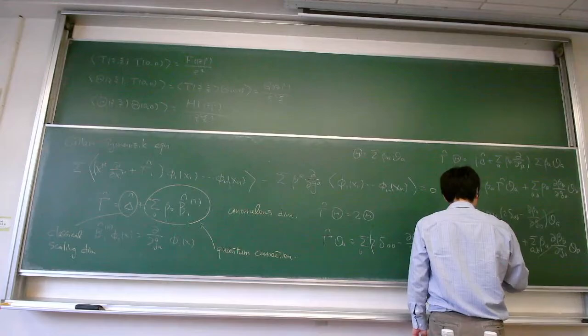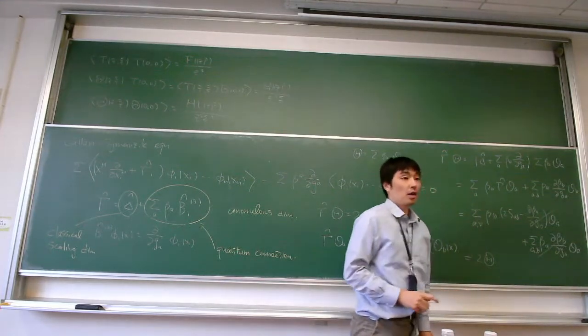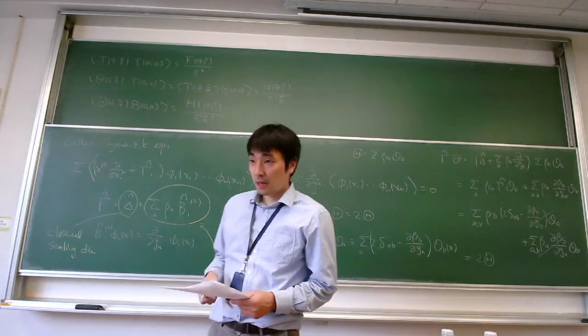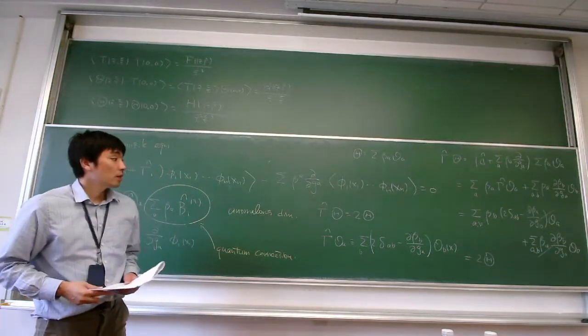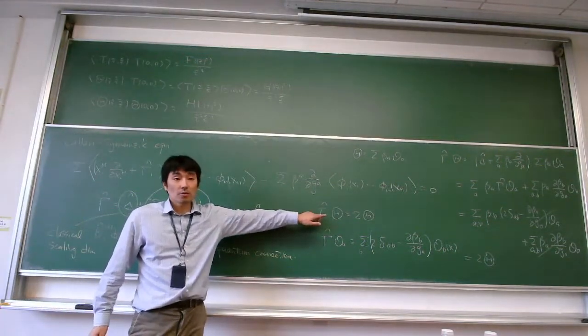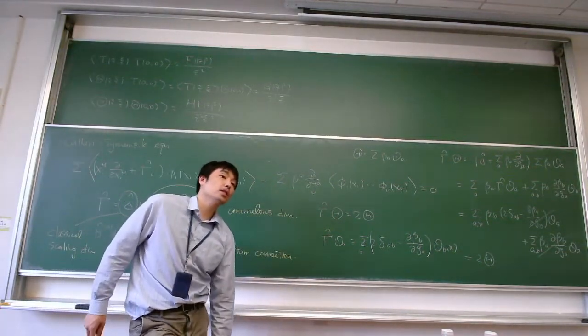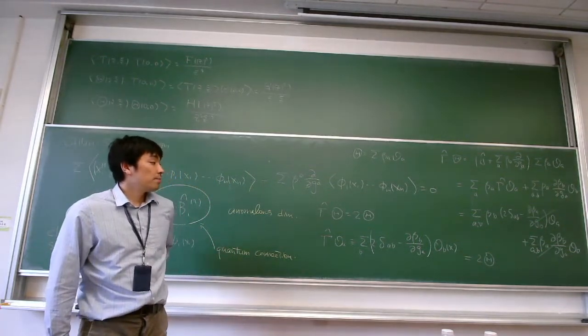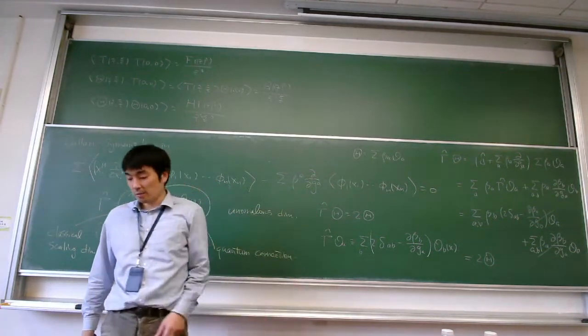So therefore, 2 times Theta. That's how you get the 2 times Theta. So always, including quantum correction, this Theta, capital Theta, has to have scaling dimension 2.